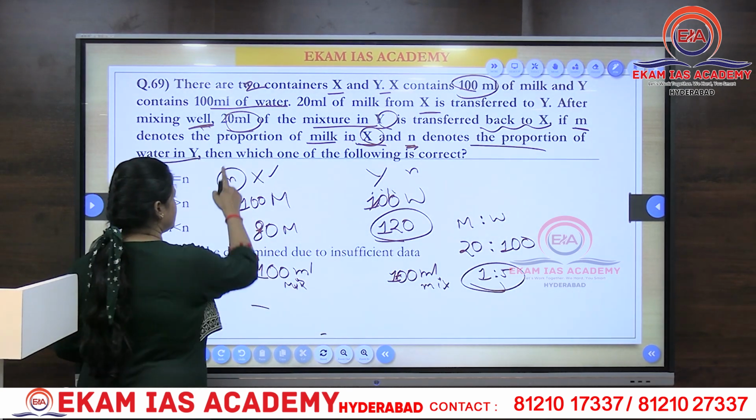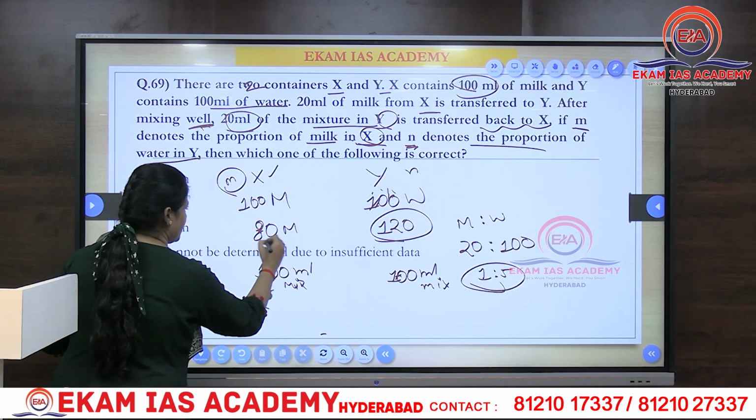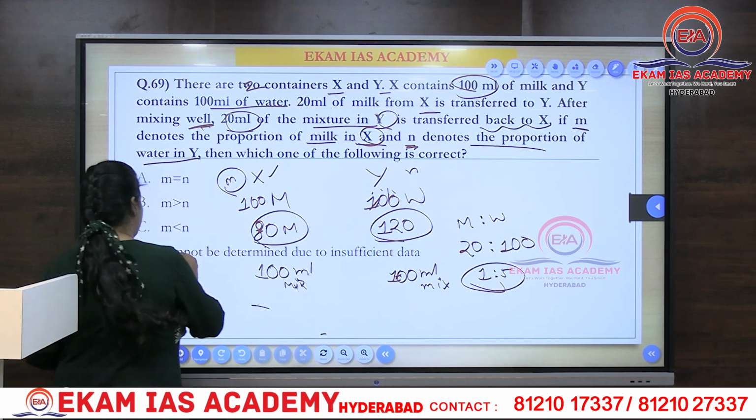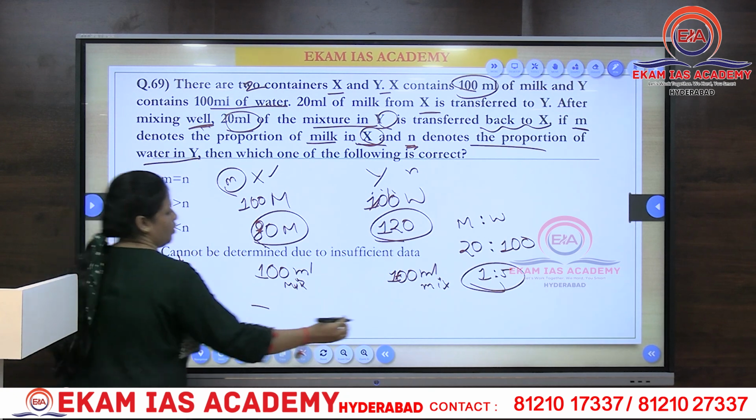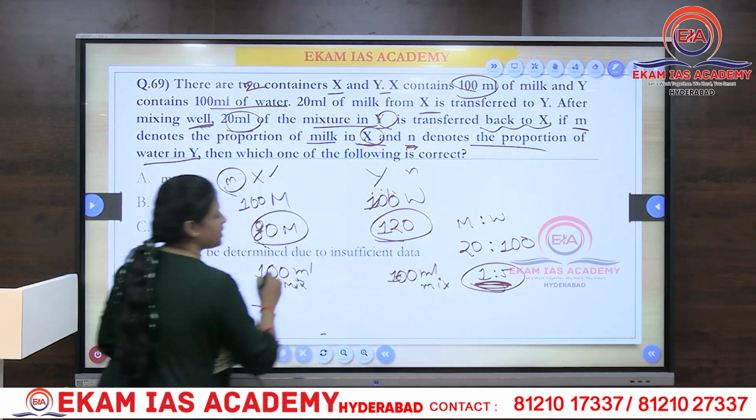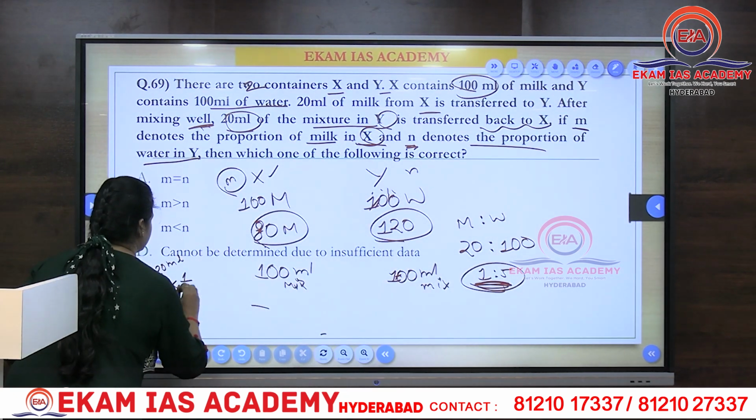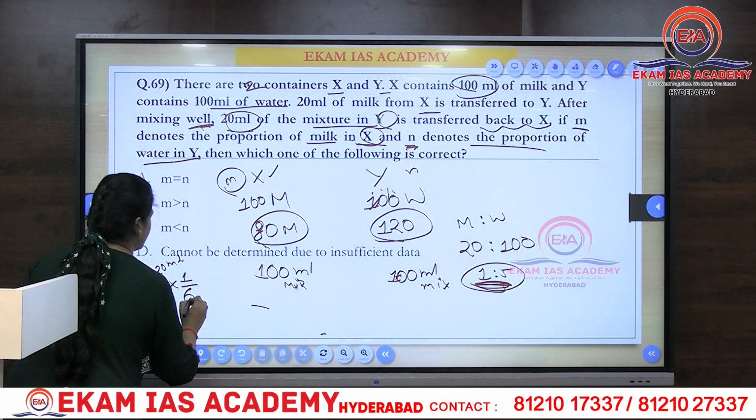So here it would be 80 ml of milk plus, in the 20 ml, what is the ratio of the milk we are mixing here, into 1/6.